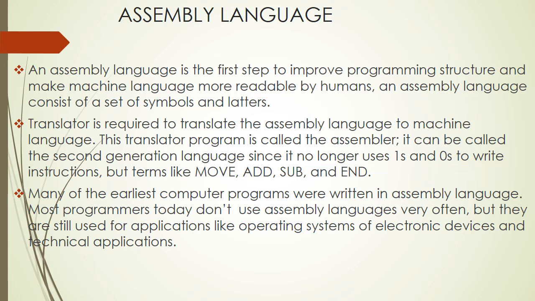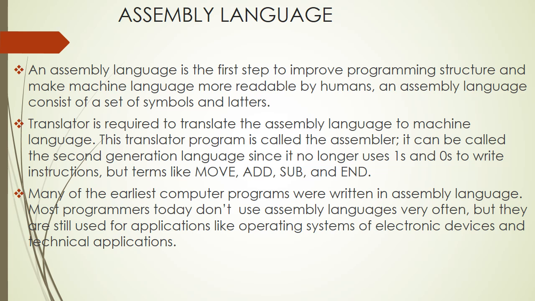Since we said that the low-level languages are machine language and assembly language, machine language or machine code is only understood by computer hardware. But assembly language is a step ahead of machine language due to improved programming structure, and it makes machine language more readable by humans.